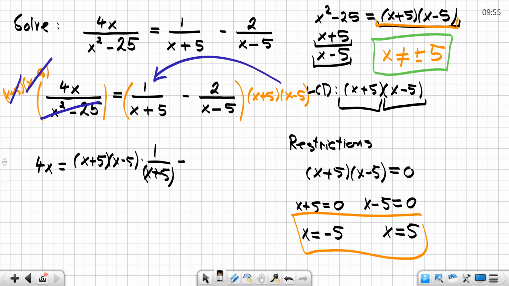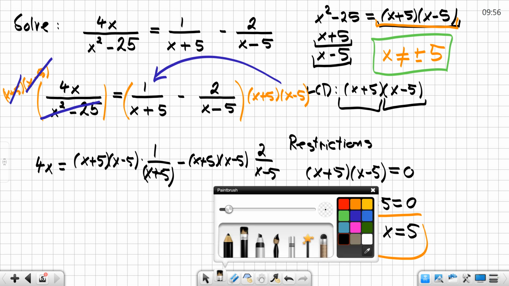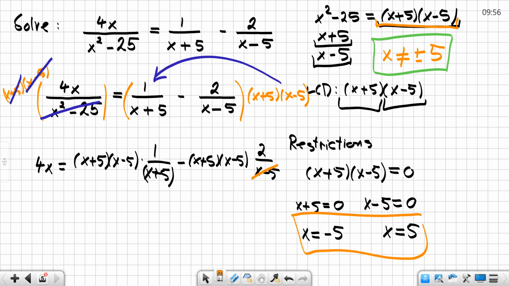Now, a negative x plus 5 times x minus 5 times 2 over x minus 5. This negative sign right here, if you're wondering about that one, that is just this negative sign here. All right, and that cancels out. Whoops, that was the wrong one. And it cancels out with the x plus 5.